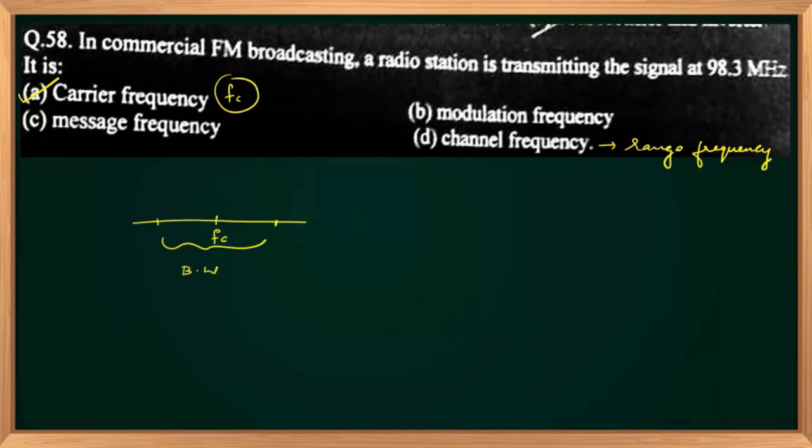So the center carrier frequency is denoted by the station frequency. 98.3 is the carrier frequency, and the bandwidth extends to both sides of this carrier frequency. So the correct option is option A, carrier frequency. All of the radio stations are identified by their carrier frequency.